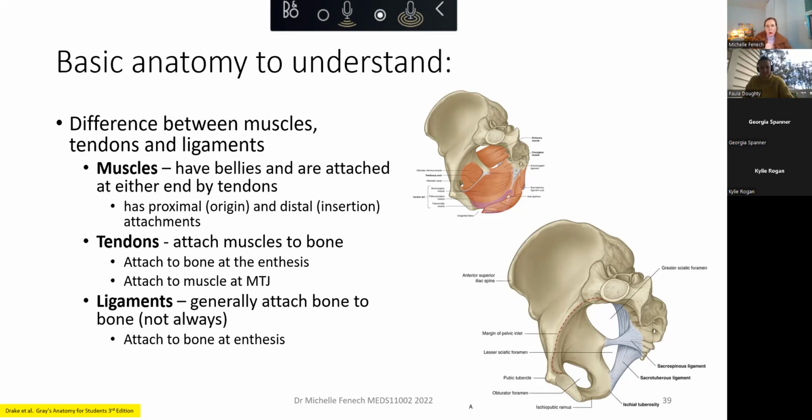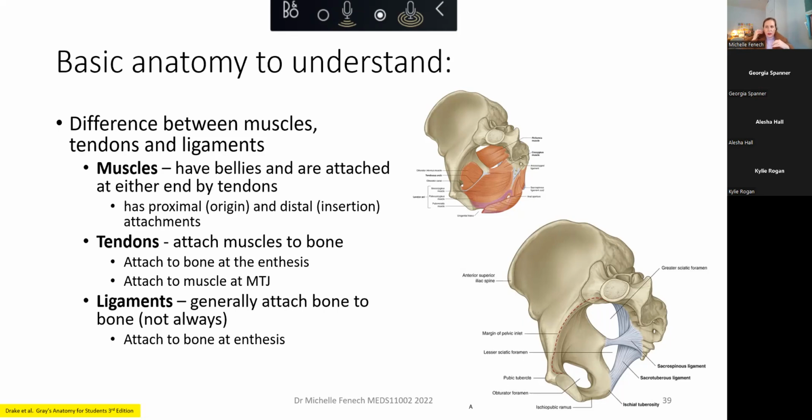Where the ligaments and the tendons attach to the bone, there's going to be a transition from the ligament or tendon to the bone. That transition we call the enthesis. Have you come across that term? No, not yet. No, me neither.